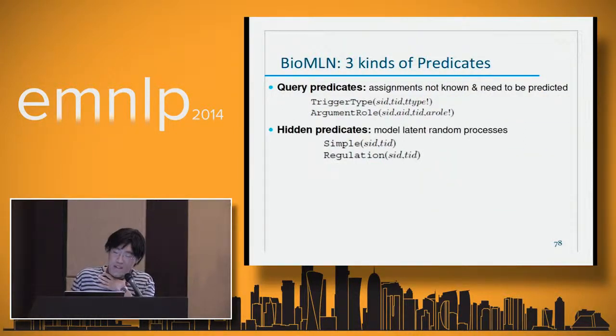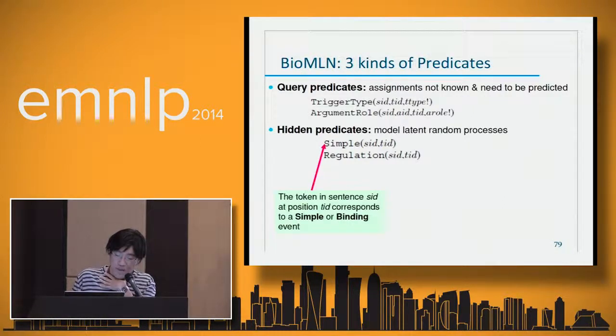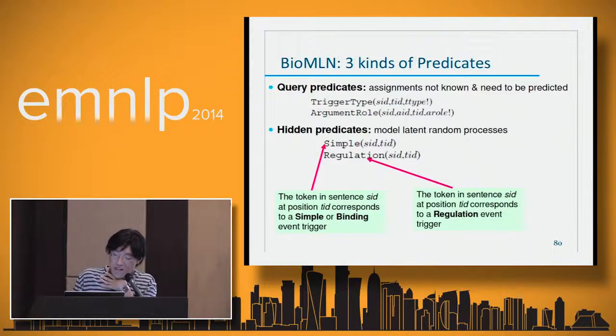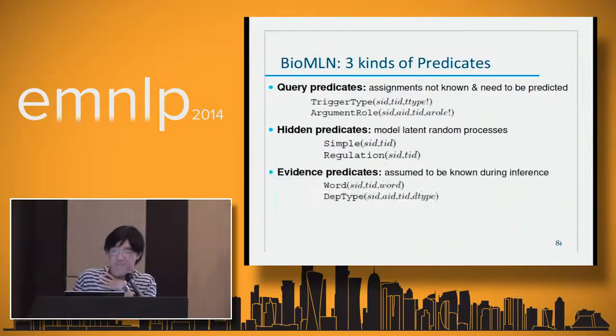There are these hidden predicates that model latent random processes. In this case, we have a simple predicate which encodes whether the token in sentence SID at position TID corresponds to a simple or a binding event, whereas the regulation predicate specifies whether the token in sentence SID at position TID corresponds to a regulation event trigger. And finally, we have these evidence predicates that are always assumed to be known during inference.